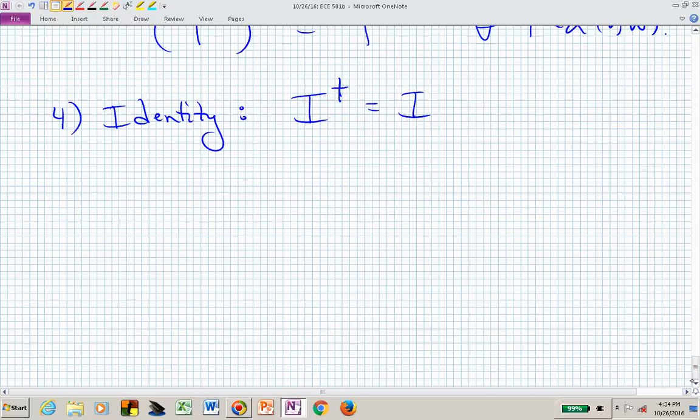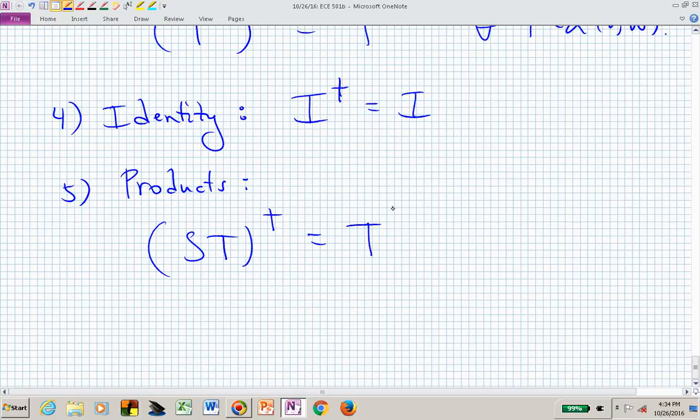And the last one that we will introduce is what happens if we now take the products of linear maps, meaning if we had a linear map T and then took the output of that as the input to a new map S and took the adjoint of that. It's similar to inverses of a matrix. Now we have the reverse order.